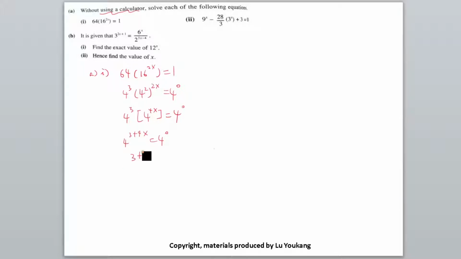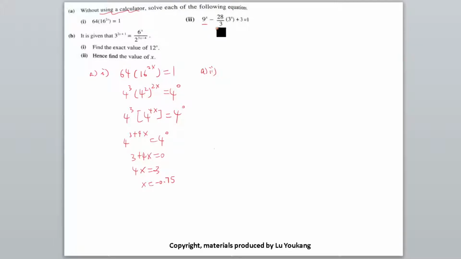Left and right, we have the same base 4, and therefore 3 plus 4x equals 0. Now the question becomes very easy, and you should get x equals minus 3 over 4, or x equals minus 0.75. Now let's take a look at part A, part 2.